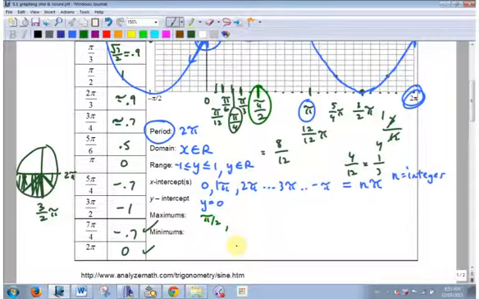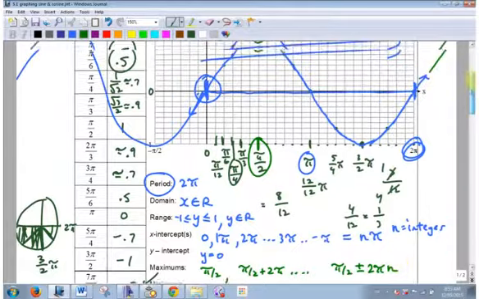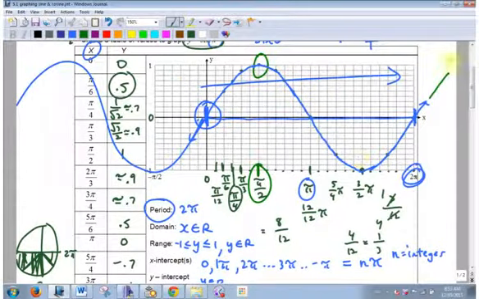Is it 2 pi later? Where's the next max going to be? Plus 2 pi, right? And on and on and on. How do I want to write that? Pi over 2 plus or minus 2 pi n. Every 2 pi, this cycle repeats, right? So I don't care what point you're looking at, 2 pi later, I'm going to get the same point.